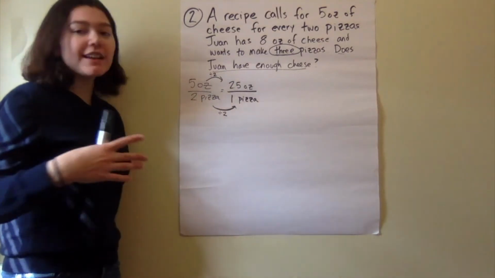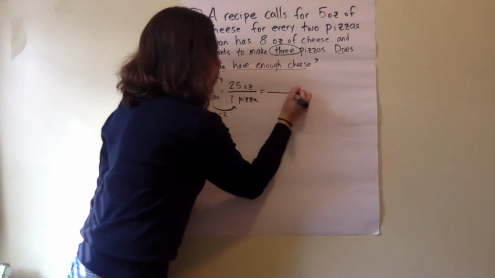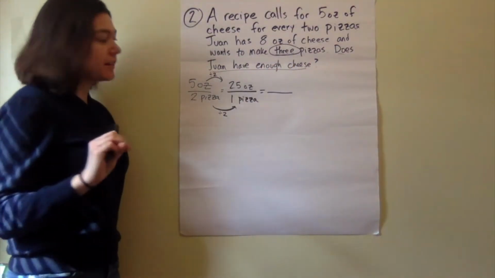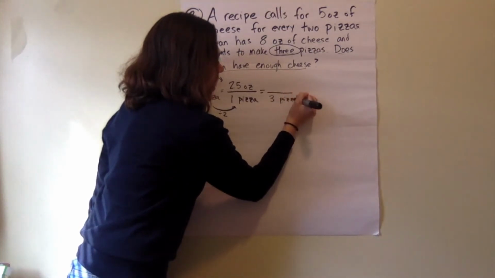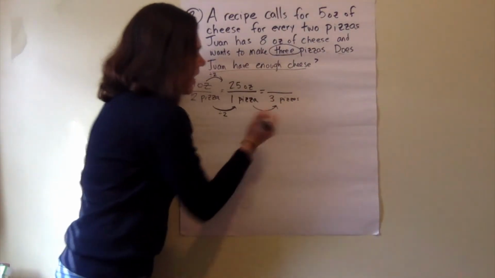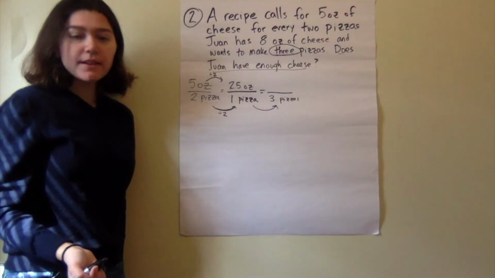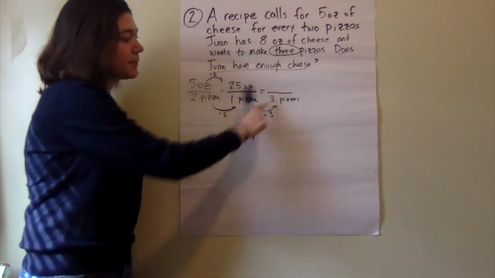And then I'm going to create another ratio that's going to give me my answer. So now I'm thinking, okay, I actually care about making 3 pizzas. How do I get from 1 to 3? Well, 1 times 3 equals 3, by multiplying or dividing. 1 times any number gives you that number.